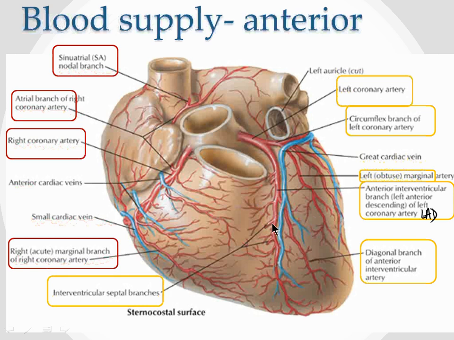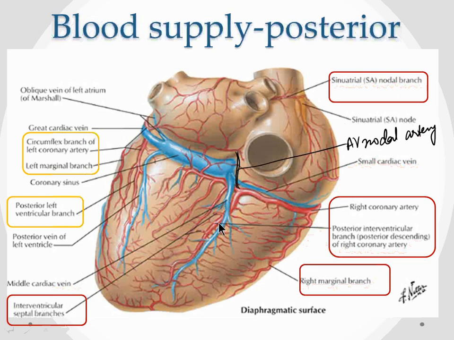And with this anterior interventricular artery is this vein called the great cardiac vein. It travels with the anterior interventricular and then part of the way with the circumflex, okay? So these three veins, the small cardiac, the great cardiac, and, as we saw on the posterior aspect, the middle cardiac vein, are three major veins and you must know what they travel with, okay?